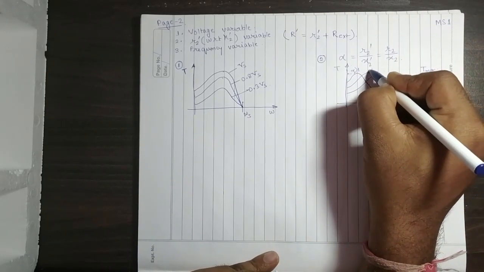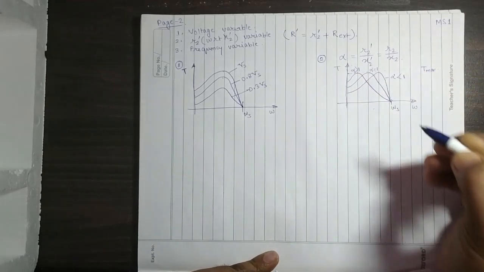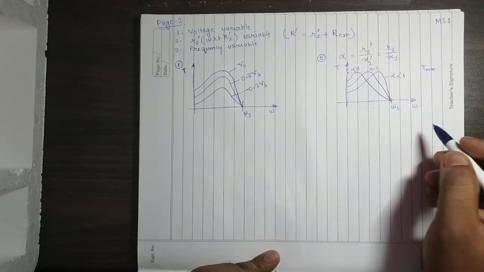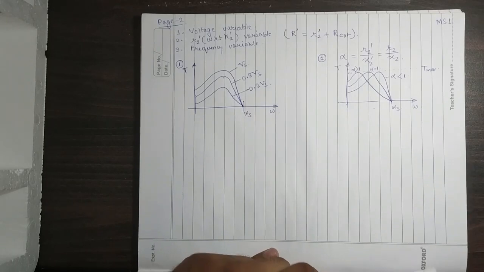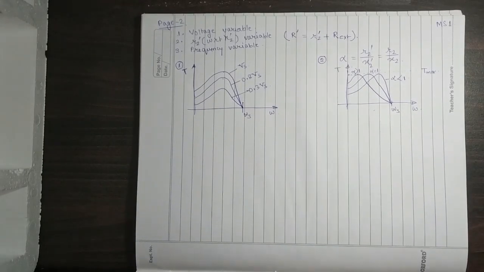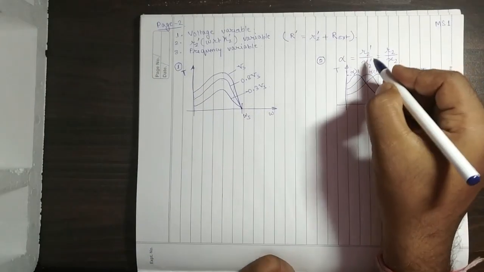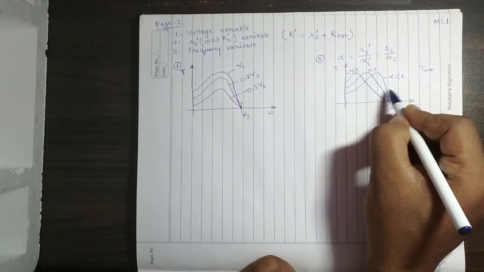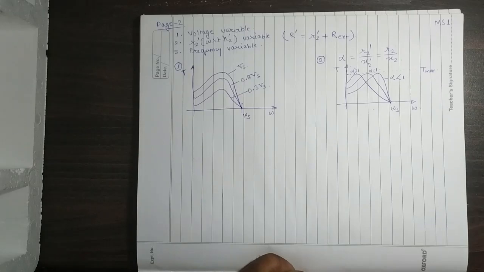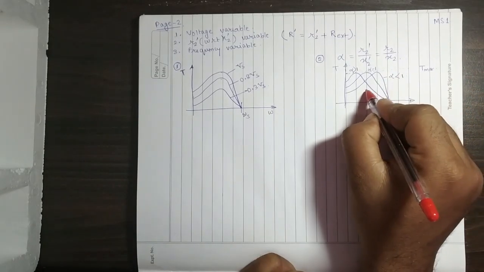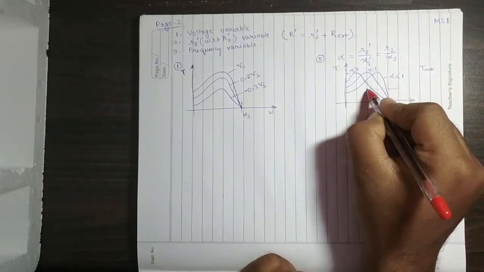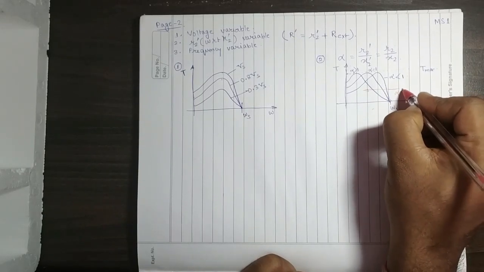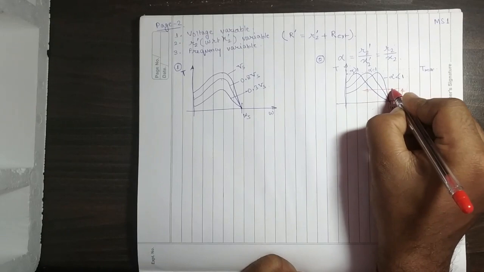And this one is when alpha equals 1. So what does that mean? This means that when you go on increasing the rotor resistance, the curve shifts in this direction, that is, alpha is increased.